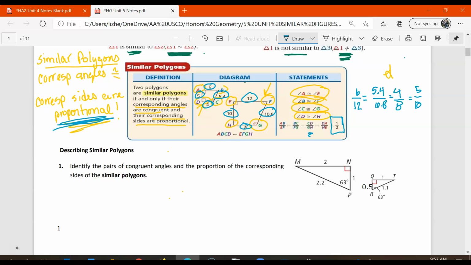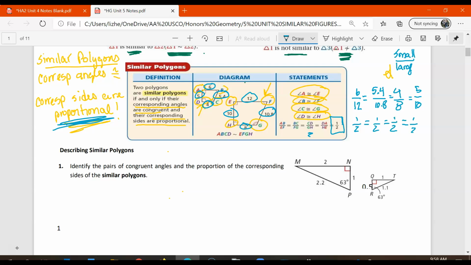Notice I always went small shape to large shape for each one of those fractions. I could equally go large over small, but I have to be consistent when I write my proportion. Each one of these fractions reduces to 1/2.